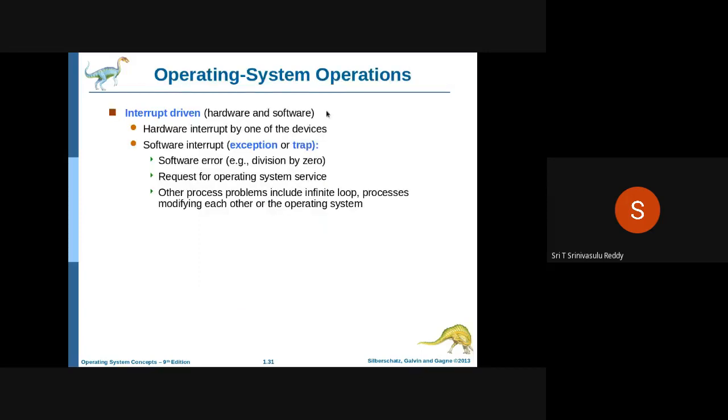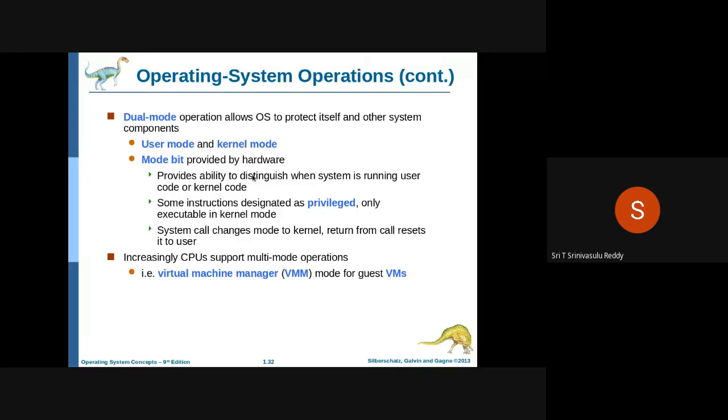Interrupt-driven hardware and software, this we have already seen. And operating systems normally run in 2 different modes. One is the user mode, the other one is the kernel mode. Only the normal instructions of the user will be executing under user mode.